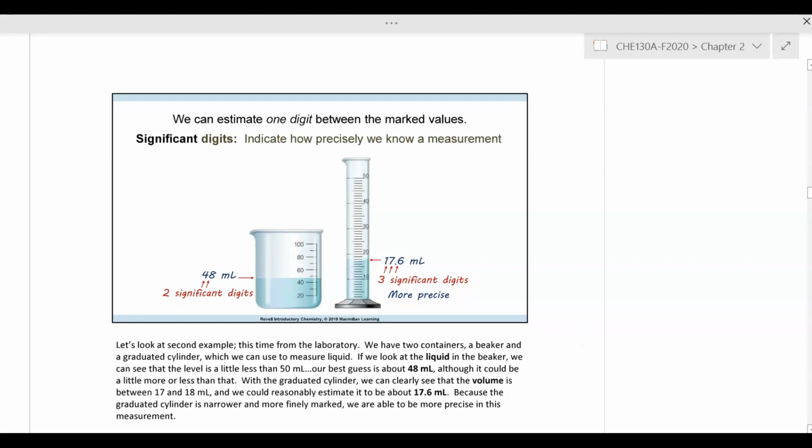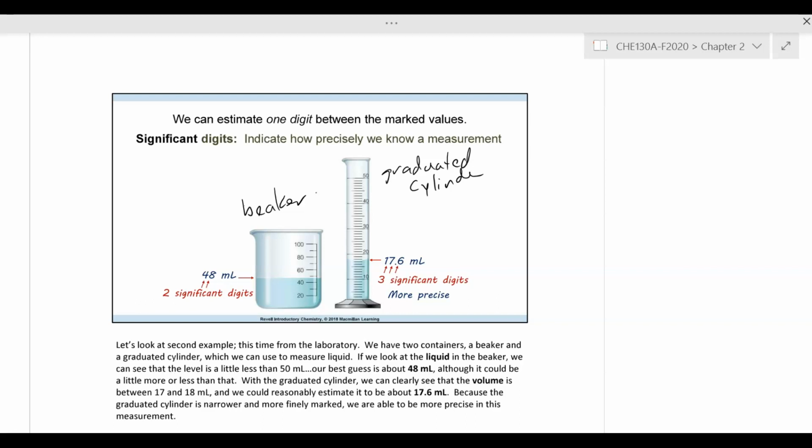So when we have a measuring device like a ruler or, in this case, a beaker or a graduated cylinder. This is a graduated cylinder. This is a beaker. Beakers are very non-precise, and the rule of thumb is to look at the smallest division.